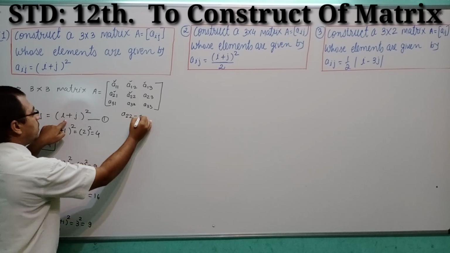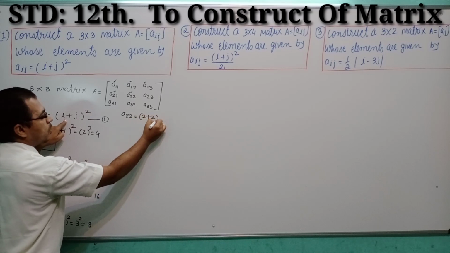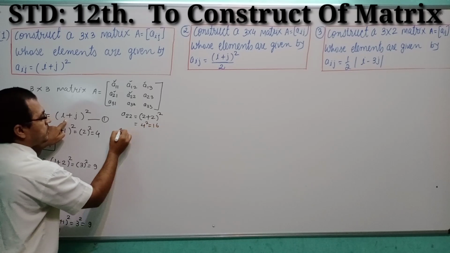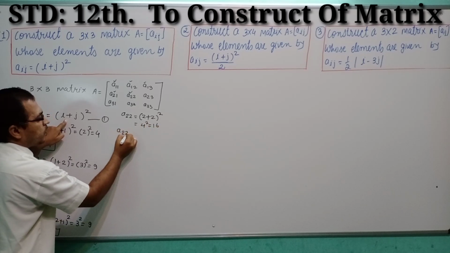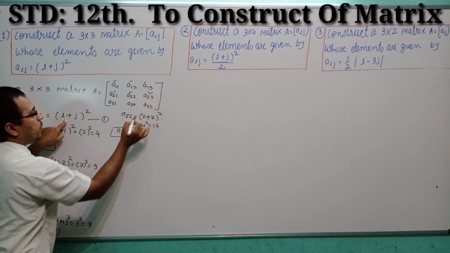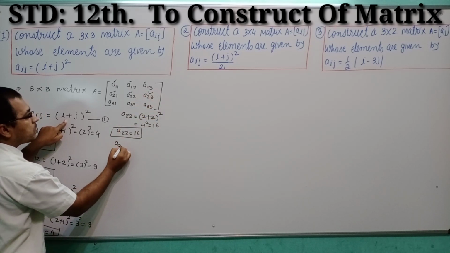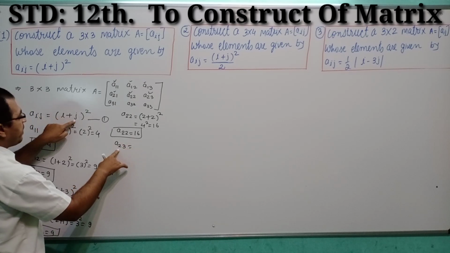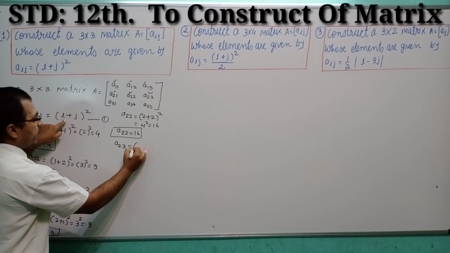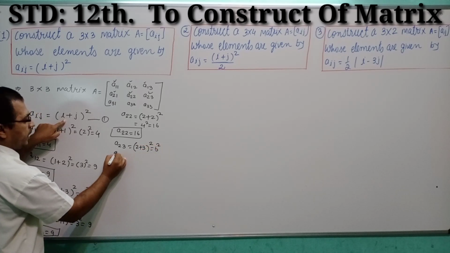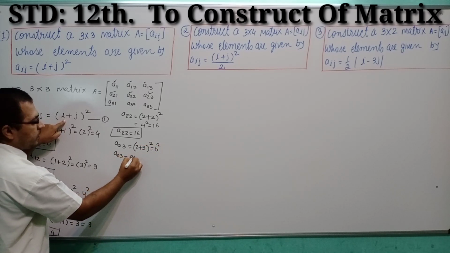So 2 plus 2 whole square, 4 square is equal to 16. So a22 is equal to 16. Now a23 means i is 2 and j is 3. So 2 plus 3 whole square, 5 square. So a23 is equal to 25.